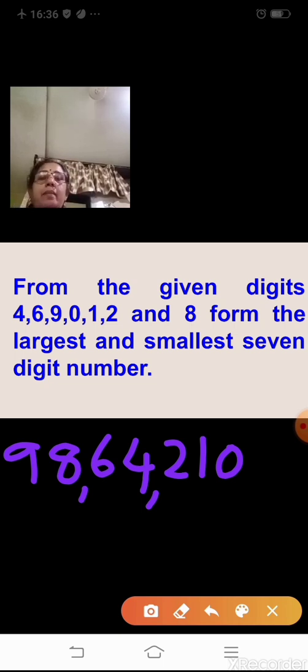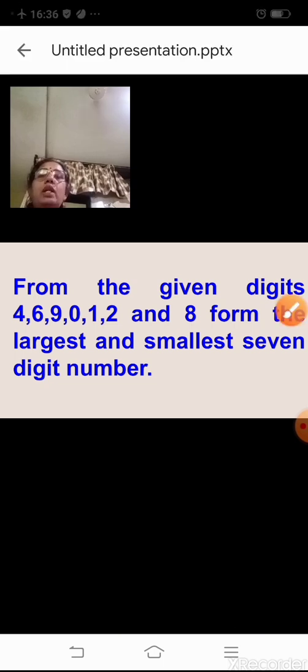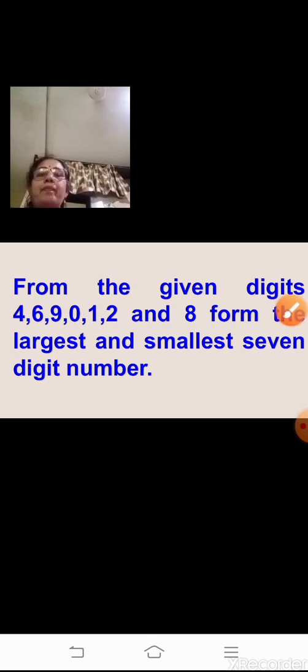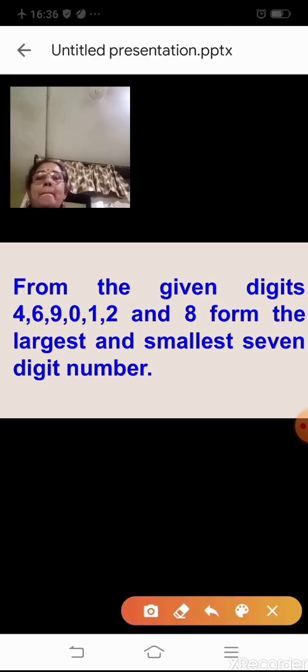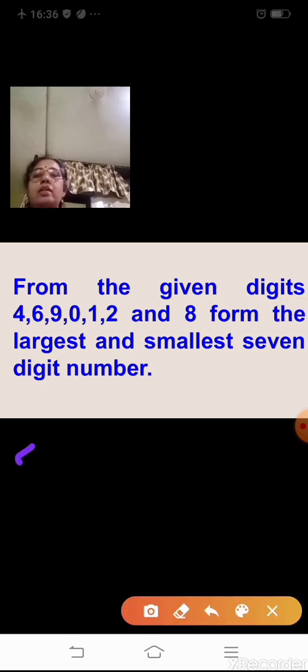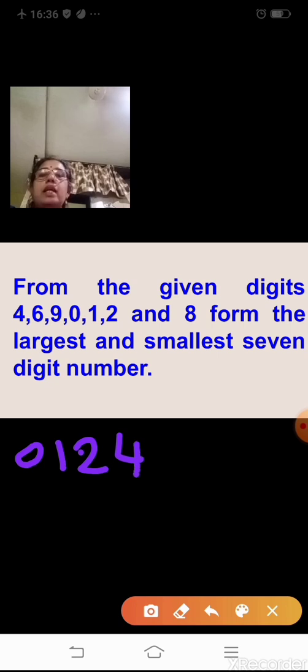At the same time, to form the smallest number, you will say 0 is the smaller number. Suppose I start from 0: 0, 1, 2, which is the next smaller number? 4, 6, 8 and then 9.